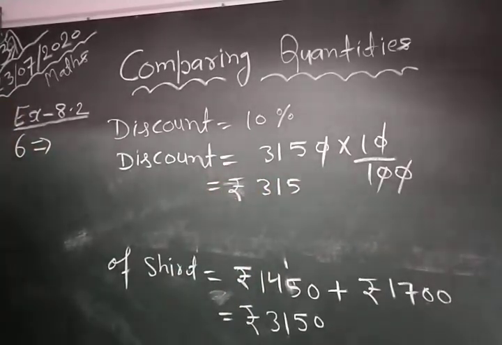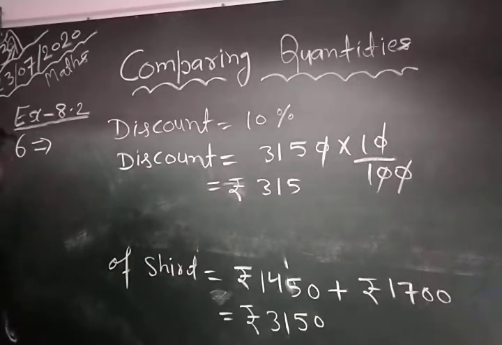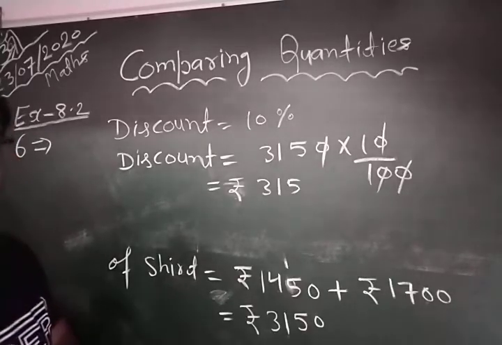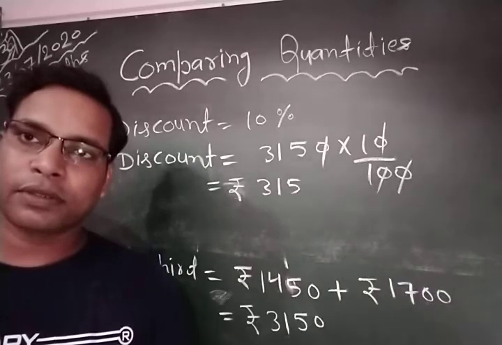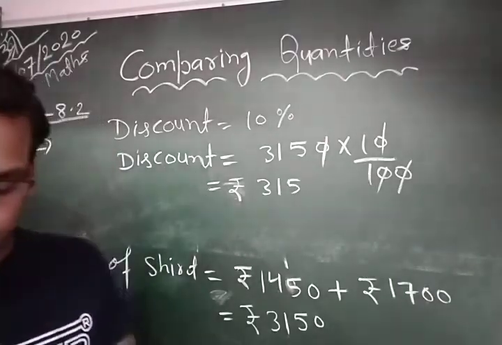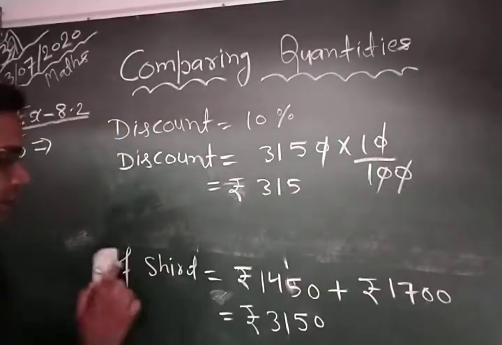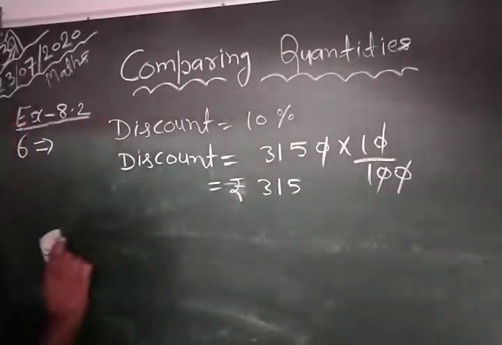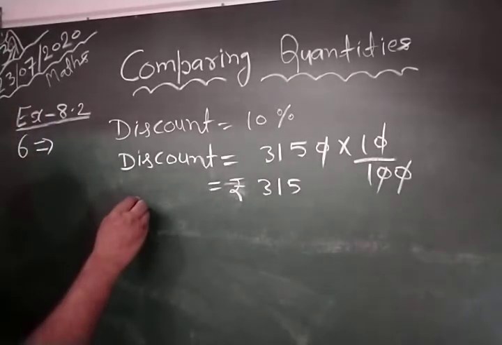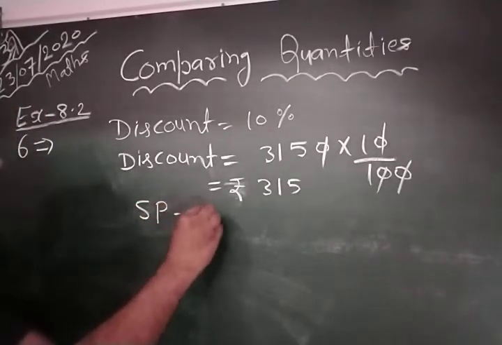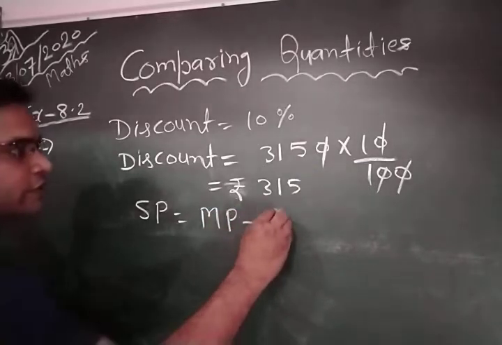The discount amount is 315 rupees. Now we have to find the selling price. Selling price is equal to marked price minus discount. Selling price is SP. SP is equal to MP minus discount.